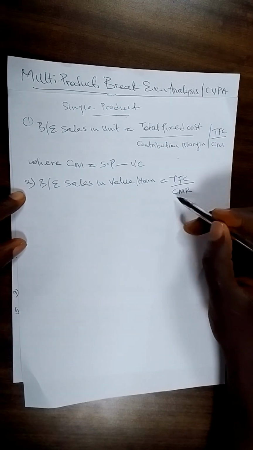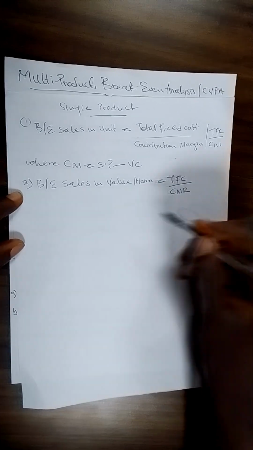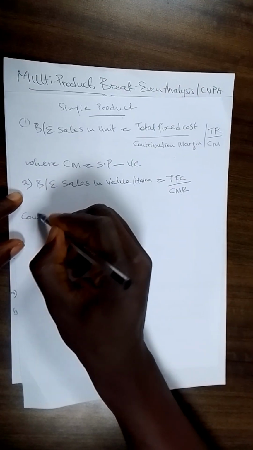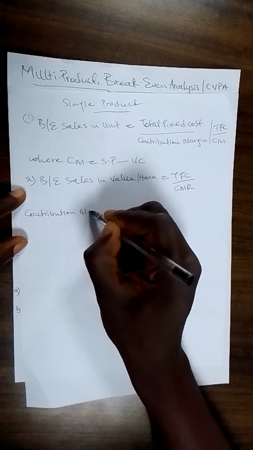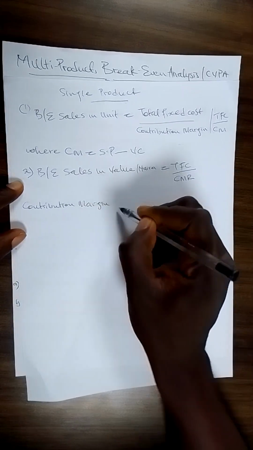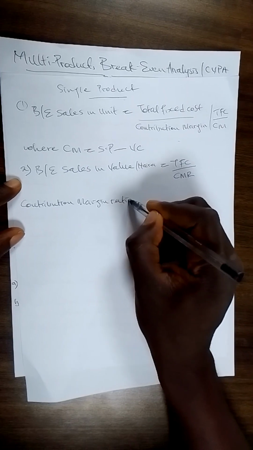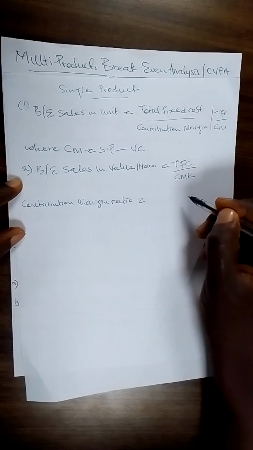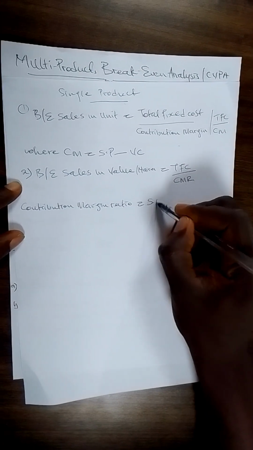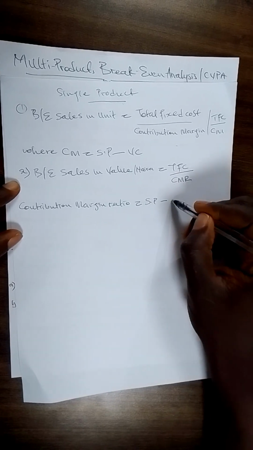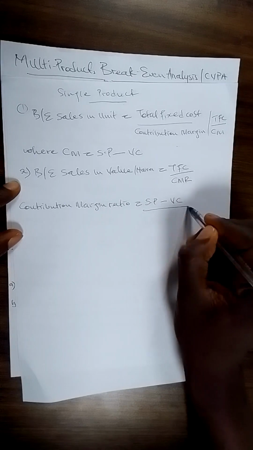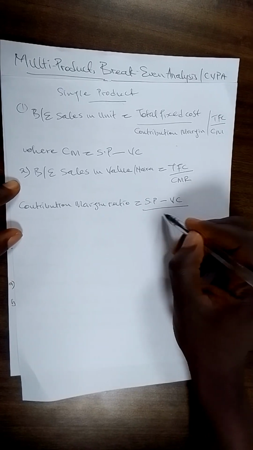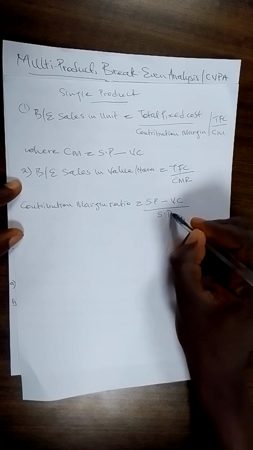CMR stands for contribution margin ratio, and this is computed by looking at the selling price minus the variable cost all over the selling price.